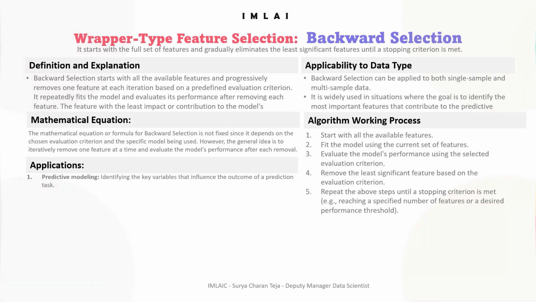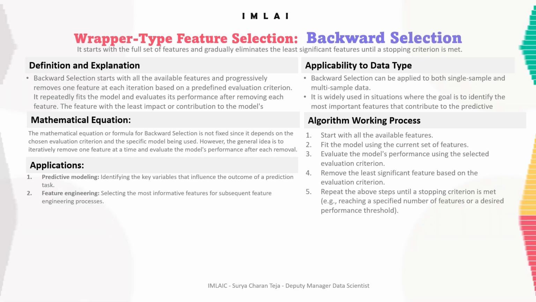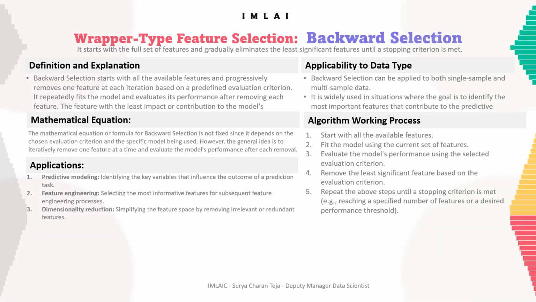And in feature engineering, selecting the most informative features for subsequent feature engineering processes. Then dimensionality reduction, simplifying the feature space by removing irrelevant or redundant features, and that's where this one will be useful.